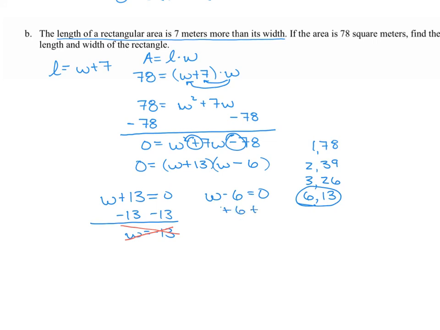And we get W equals 6. So our width is 6 meters. And for our length, we're going to plug our 6 back into our little equation for L. We get L equals 13 meters.